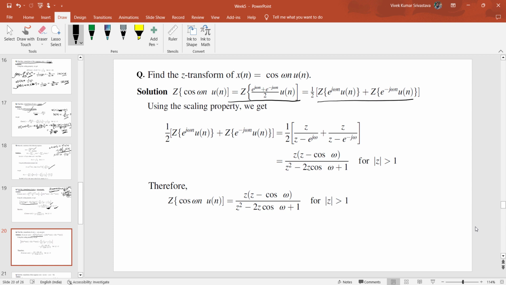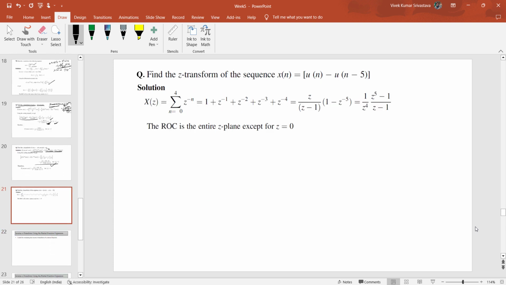So we can represent the cos of omega n in terms of complex exponentials. And now we will use the linearity property, and we will individually evaluate the z transform of these two terms so as to evaluate the final z transform. And once you evaluate the z transform, you will get this expression.